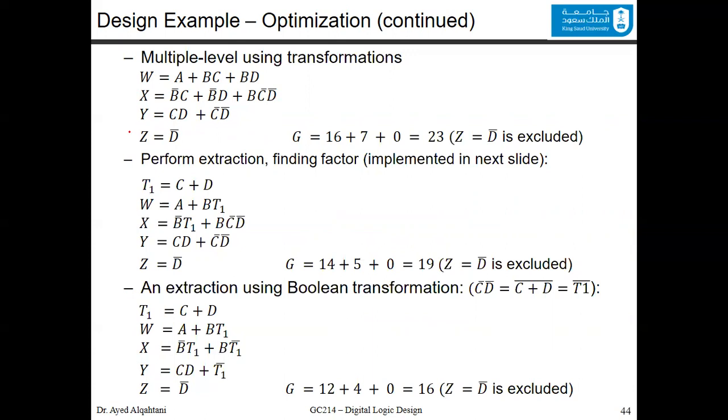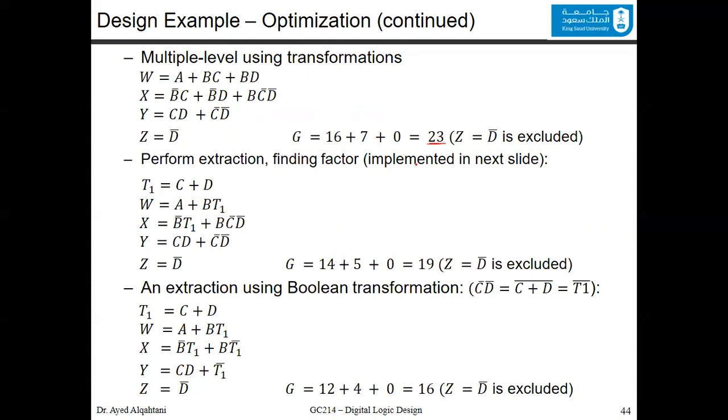Notice that we didn't consider this one because it has a function that has only one single variable. So you have 16 plus you have 7 terms, 1, 2, 3, 4, 5, 6, 7 terms, plus we consider only G, so we don't care about the inversion. So it has 23.